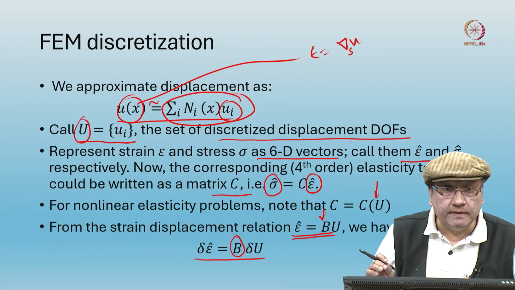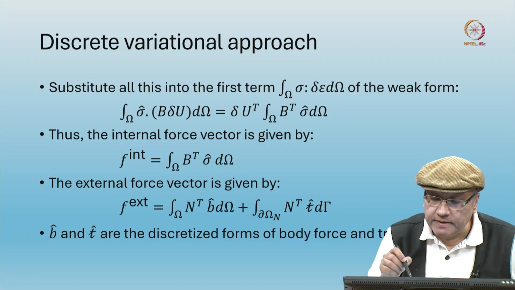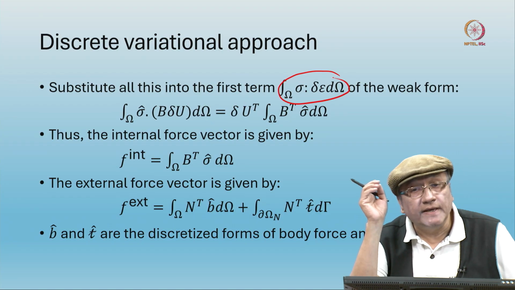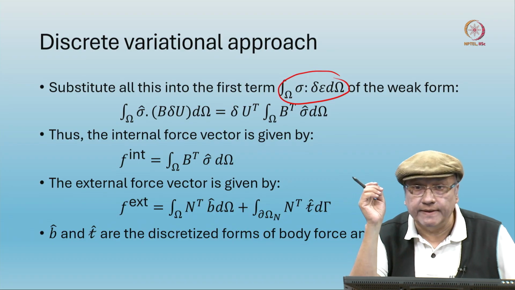One of the terms that we have interest in delta pi, the first term, is the integral over omega of sigma inner product the virtual variation of strain, integrated over the domain.